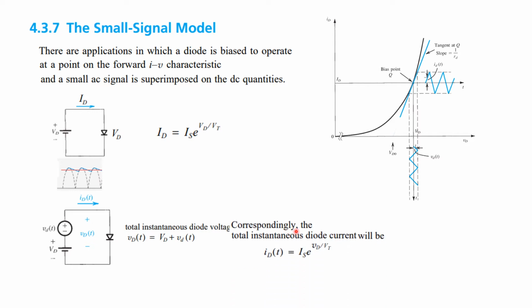And correspondingly, the total instantaneous diode current from this equation, we will now write as i_DT, that is, the instantaneous diode current or AC plus DC current, is equal to I_S, which remains the same, but the V_D changes. This was capital V capital D, now this will become small v capital D, that is the combination, this voltage here, divided by V_T.